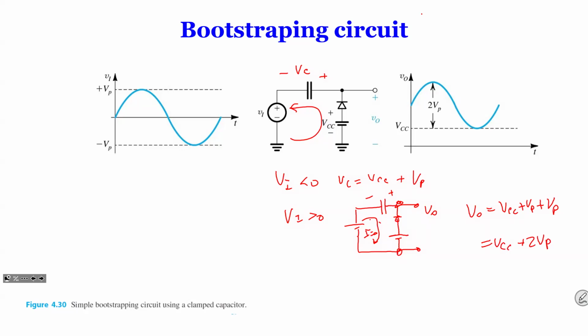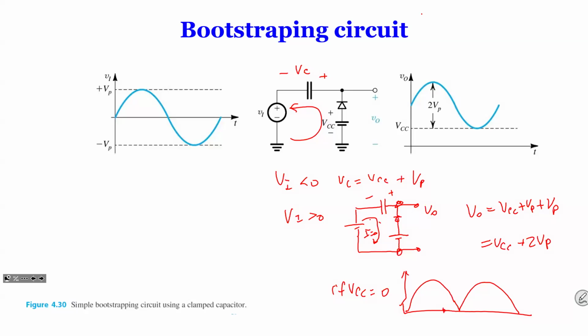If you plot the waveform, it looks like this. The output is going to be moved up from negative all the way to VCC. If VCC is zero, you get this waveform.